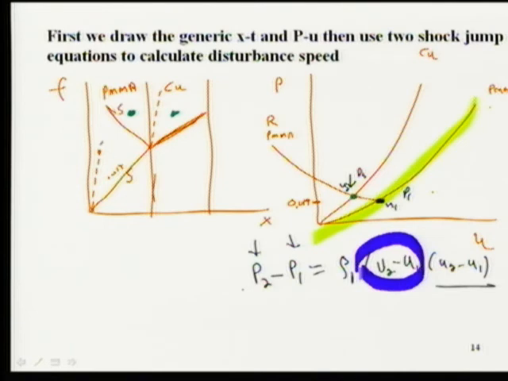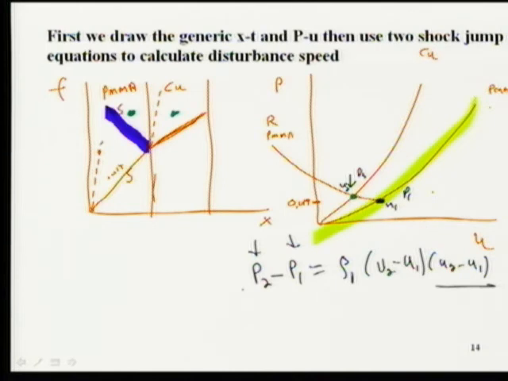U2 is the shock velocity going back, this shock velocity in Eulerian or lab coordinates. And you have to account for the fact that it's going back into a flow of particle velocity of u1.